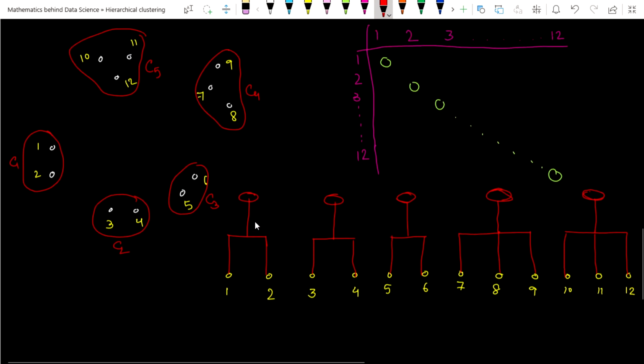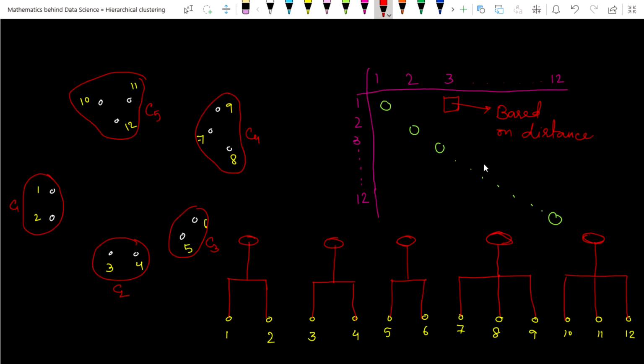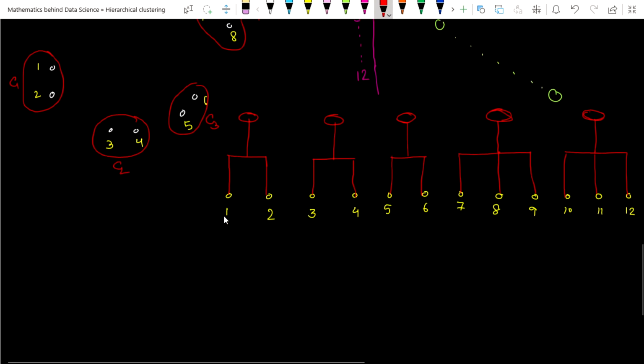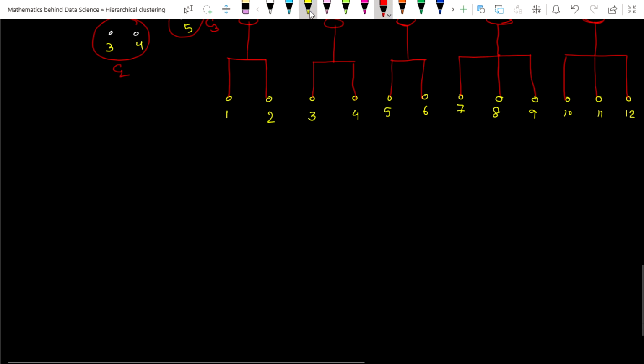Initially we calculate this value based on the distances. Now after this step, we will make the 5 clusters. Now we have to update the proximity matrix value.